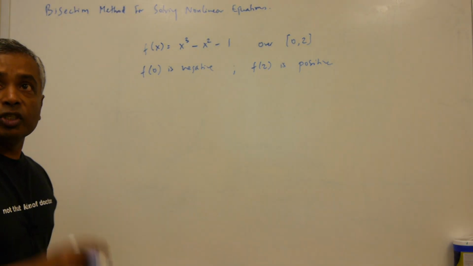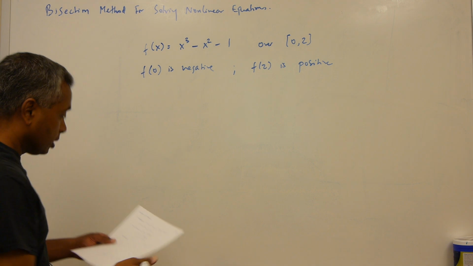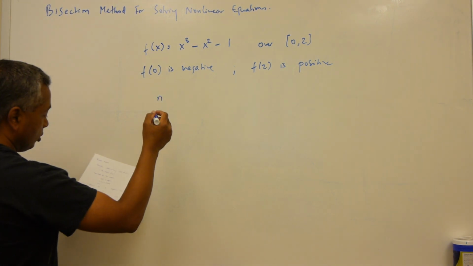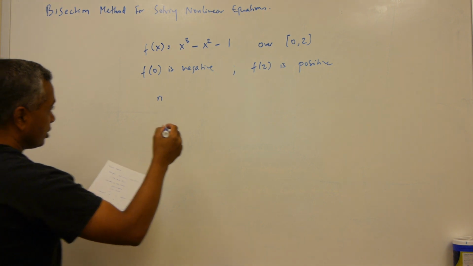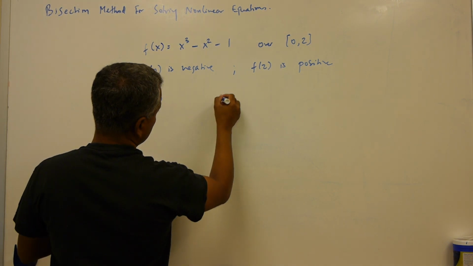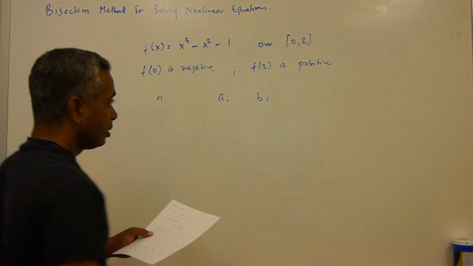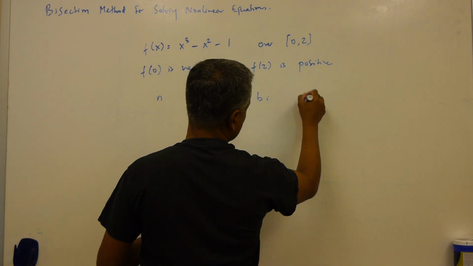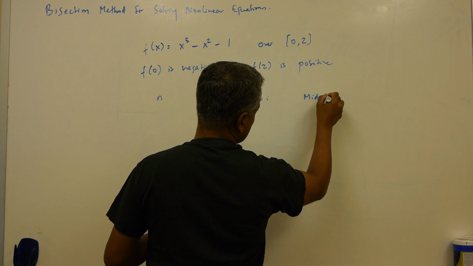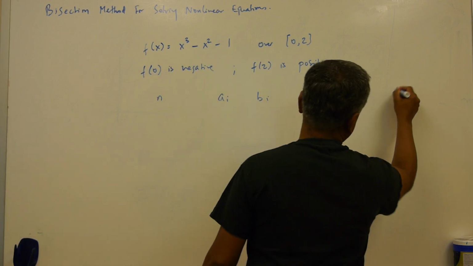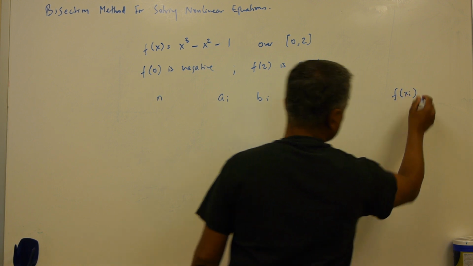Okay, so let me just go through and give you what values to get. I'll show you a table. The first column is simply the iteration number. Let's call it a_i and b_i. This is the interval. We'll look at the midpoint, x_i, and finally we will look at the function value f of x_i.